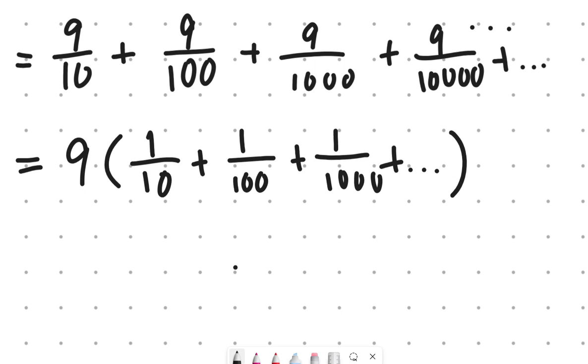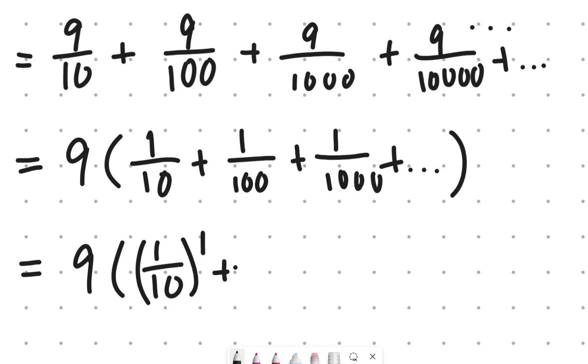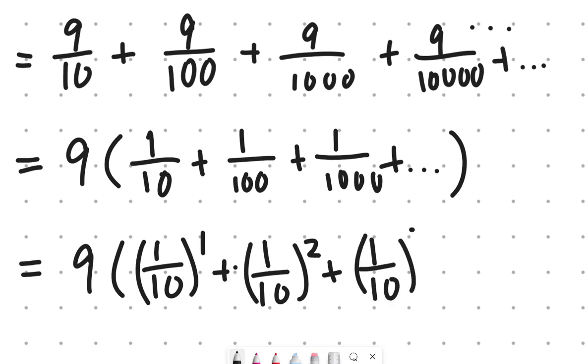Now 1 over 10 is the same thing as 1 over 10 to the first power. 1 over 100 is equal to 1 over 10 to the second power, and 1 over 1000 is equal to 1 over 10 to the third power. So we can write this down as 9 times 1 over 10 to the first power plus 1 over 10 to the second power plus 1 over 10 to the third power plus infinitely going.